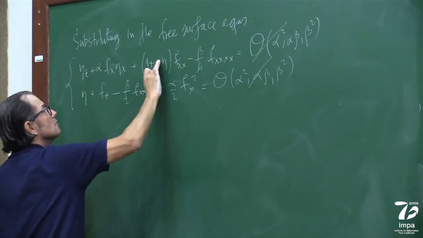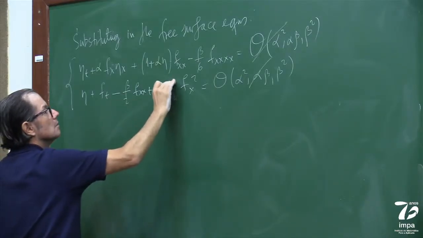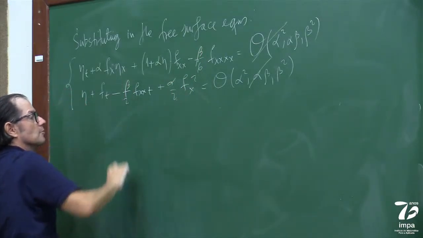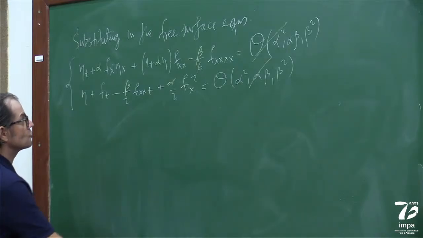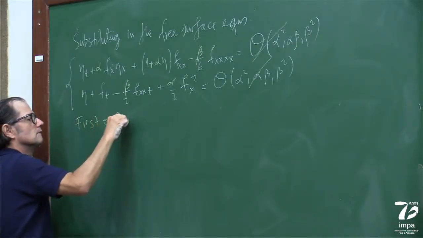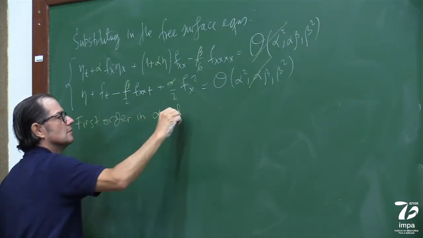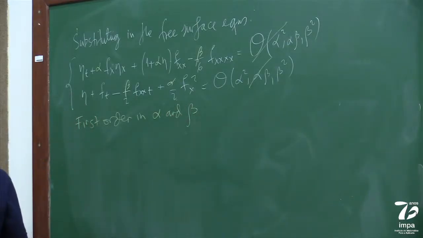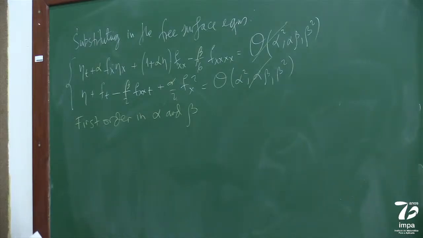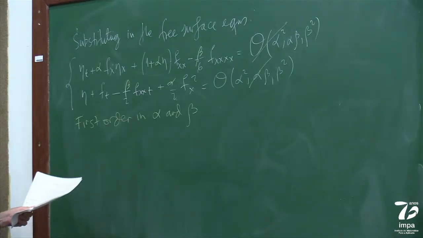with a weakly nonlinear, weakly dispersive problem. So it's first order in alpha and beta, which means weakly nonlinear, weakly dispersive. Okay? Now, let me just better organize this.